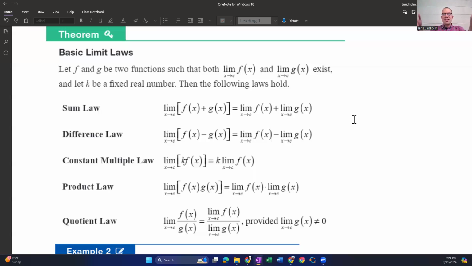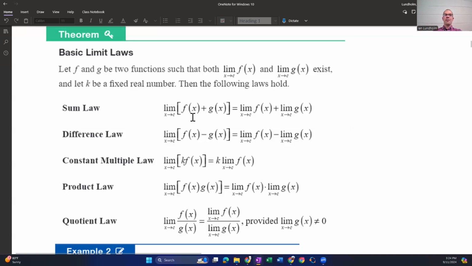And that's just a mnemonic device to remind us of what's going on. But what this says is that if we have a more complicated limit with a plus sign in there, it's okay to split that more complicated function into two different functions and evaluate the limit separately because those things will end up being the same exact thing.